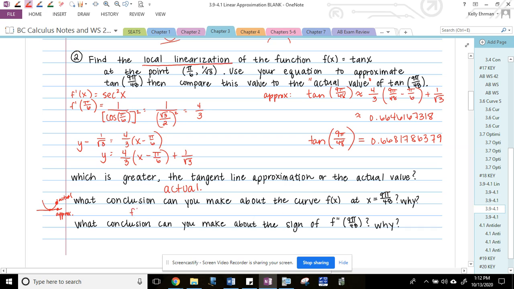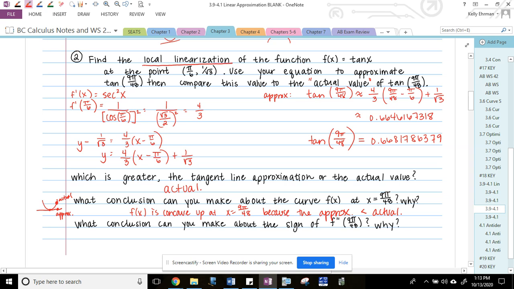We can say f of x is concave up at x equals 9 pi over 48 because the approximation, I'm going to abbreviate, is less than the actual at this value.